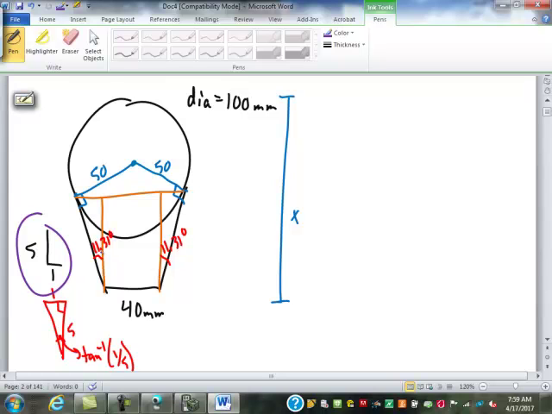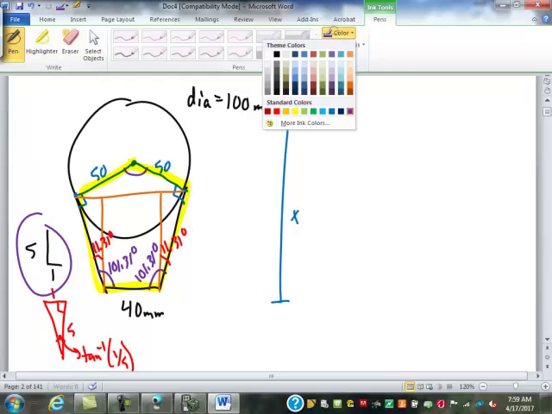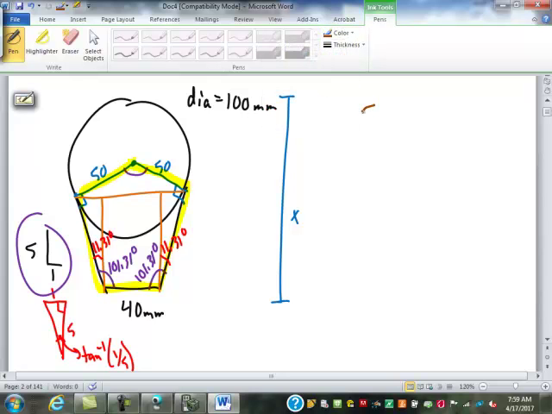So now we have that 11.31, which makes this angle here 101.31 on both sides. And then of course we can find this angle here, because what we have here is a pentagon, 5 sides. How do we know what the angle total has to be for that? We do 5 minus 2 times 180. 5 minus 2 is 3. 180 times 3 is 540 degrees, correct?